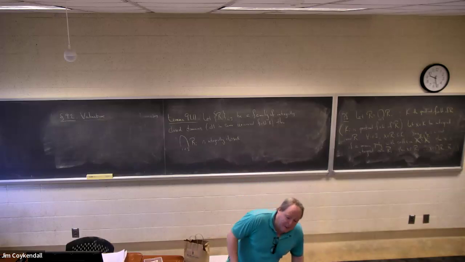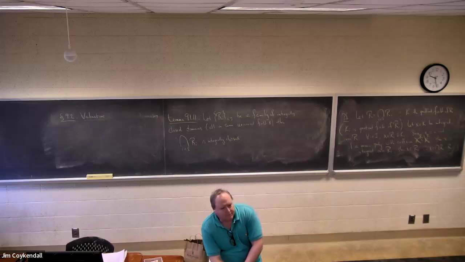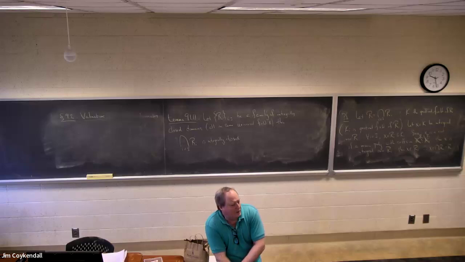How many of you have heard of the p-adics? There are ways to put absolute values on the rational numbers, right? There's a standard one, where you just measure the distance as you would with a ruler, perhaps, and its completion is the reals.